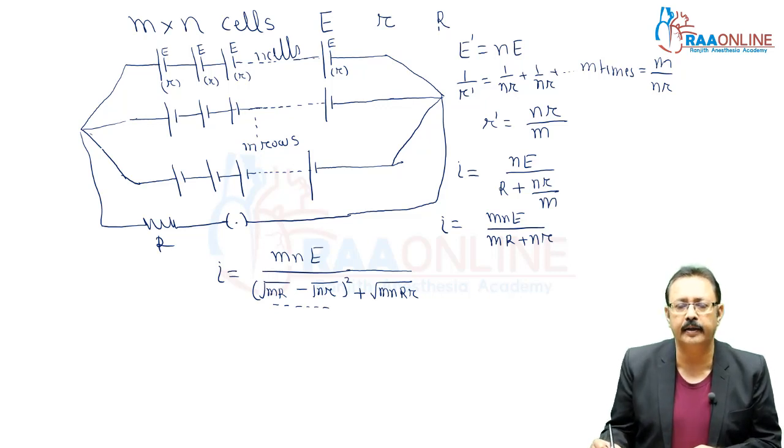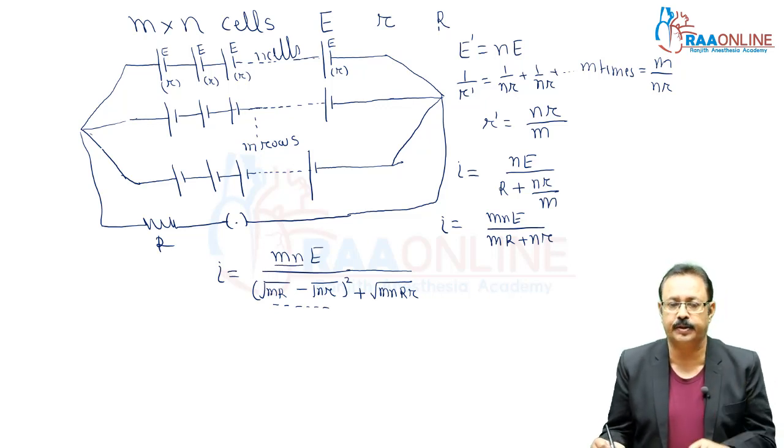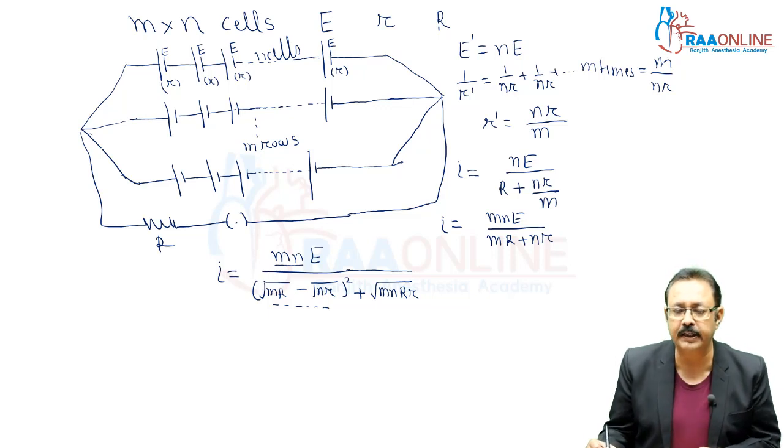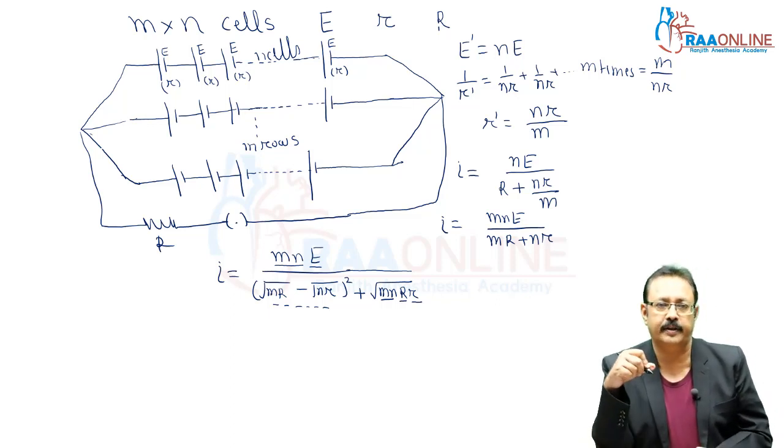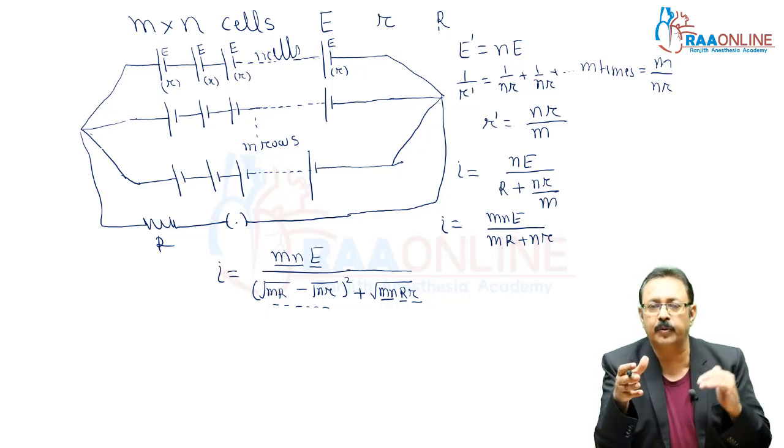M into N, total number of cell, is constant. EMF of each cell we cannot change. External resistance given to us constant, internal resistance constant. Only what you can change, the number of cell in one row.